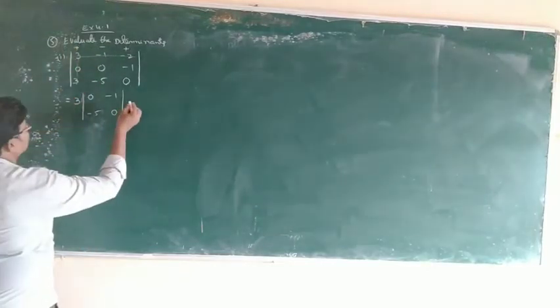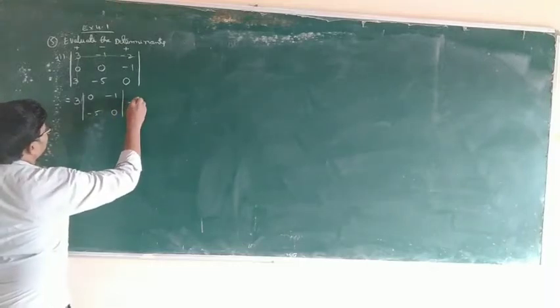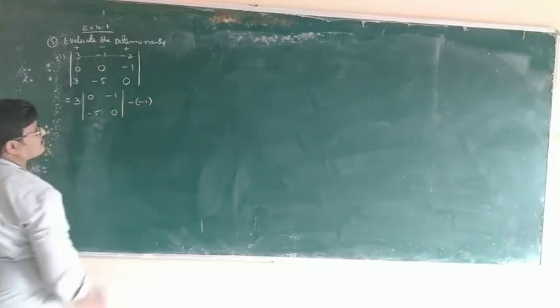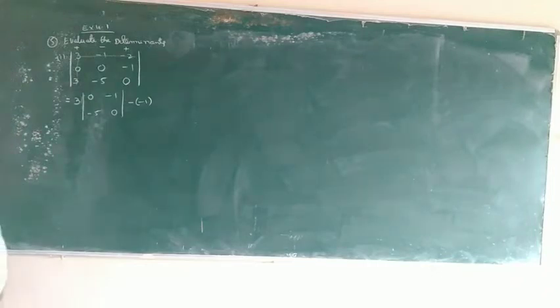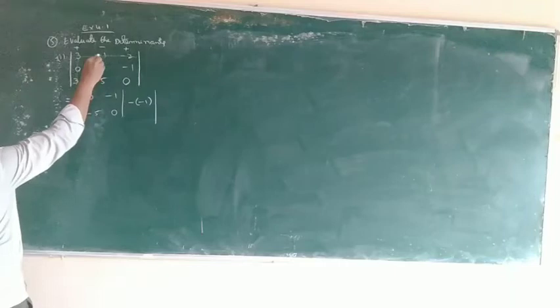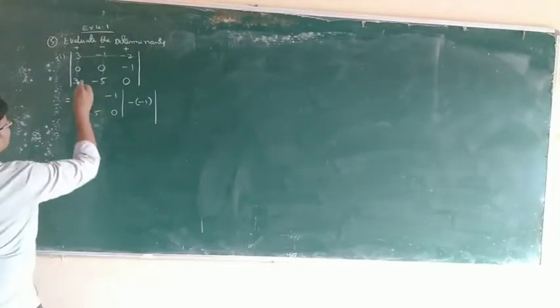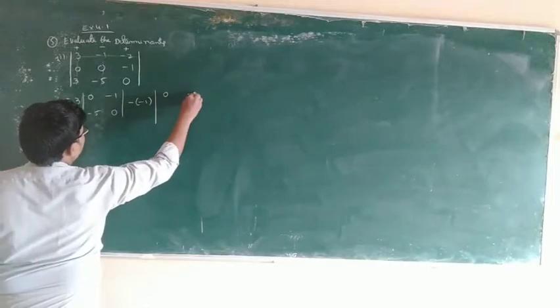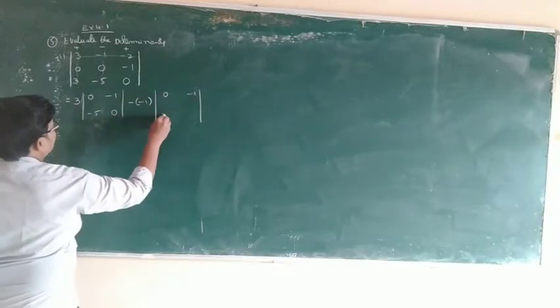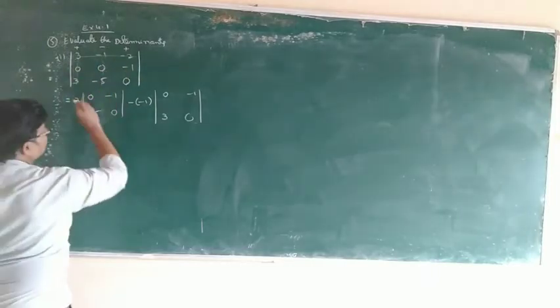Minus of minus 1 into the determinant of the remaining entries after removing its row and column: 0, minus 1, 3, 0.